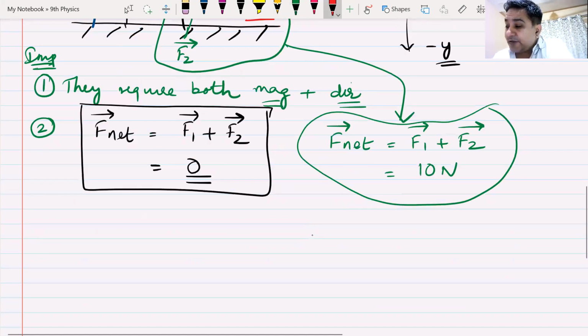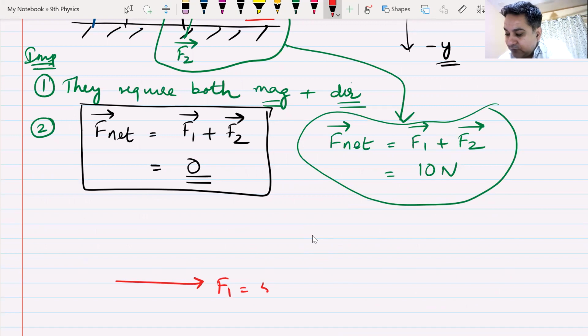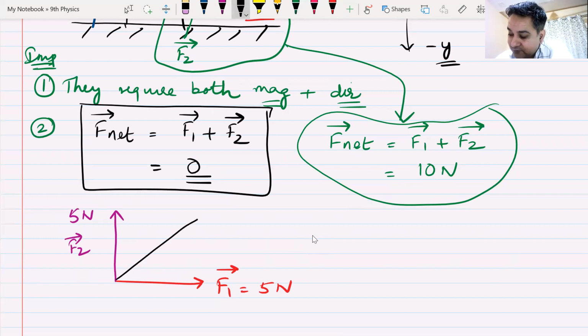In fact, if I apply F1, which is 5 Newton like this, and F2, which is 5 Newton like this, the addition of these two forces will go like this. That will be the net force in this case, and in magnitude, it will be √2 multiplied by 5.